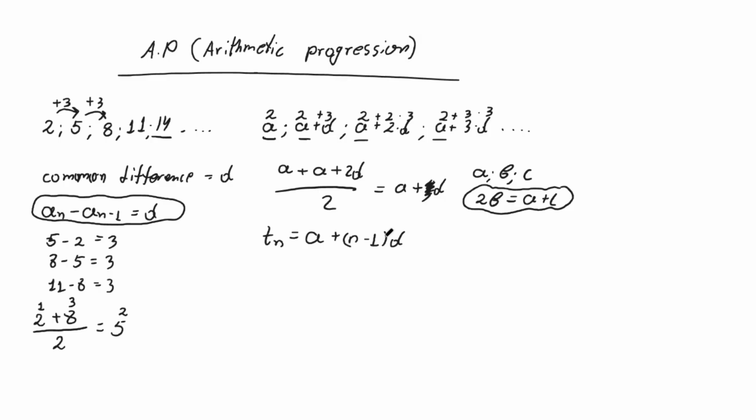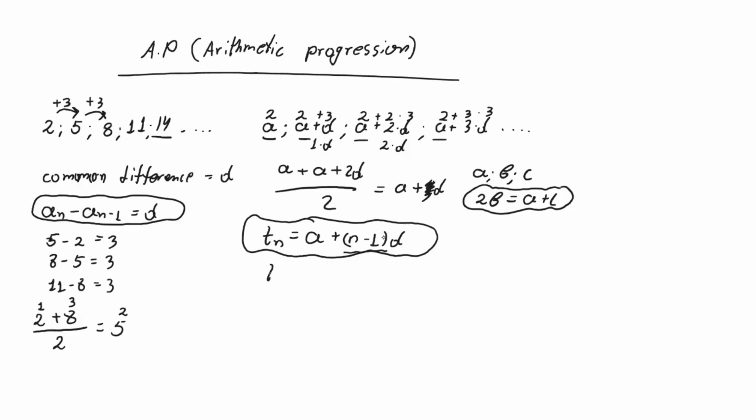If you have questions about why n minus 1, it's because, for example, this one is the second term but it's 1 times d. And this one is third, but it's 2 times d. So we need here n minus 1. And this is the third formula.